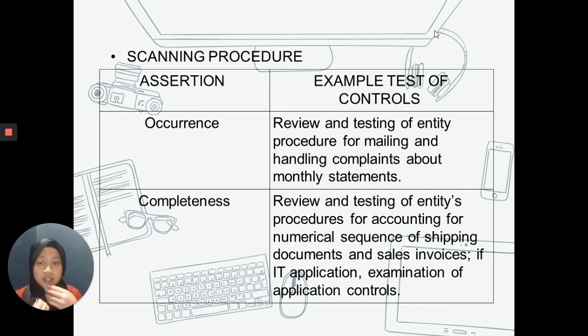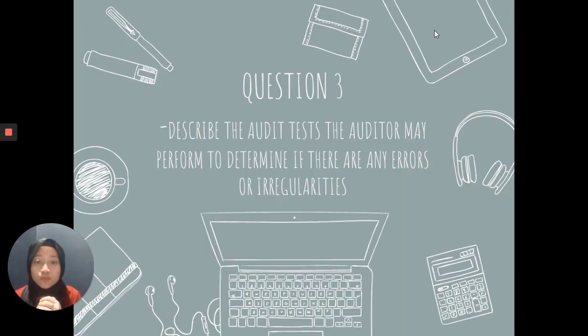And the last is more related to completeness. Review and test the entity procedure for accounting for the numerical sequence of shipping documents and sales invoices. Also, IT application testing of application controls. So this is more related to scanning procedure, to avoid any errors and irregularity.